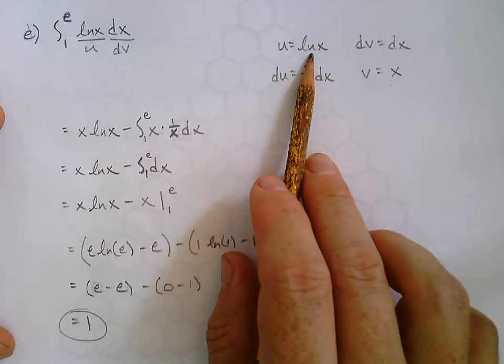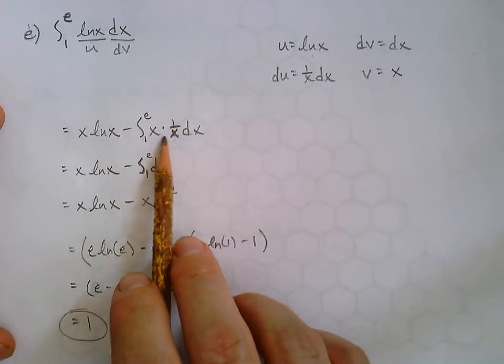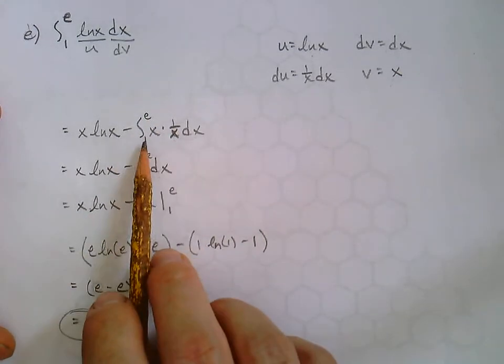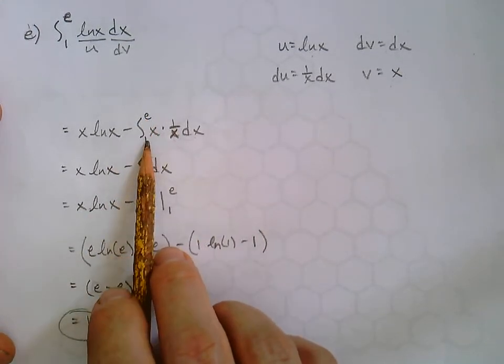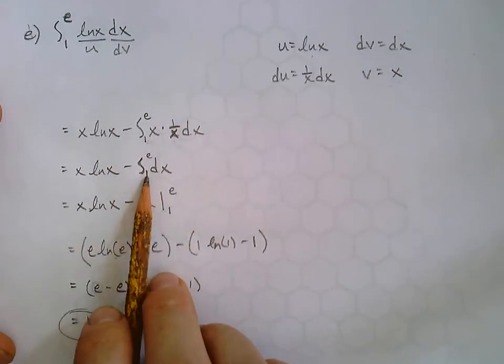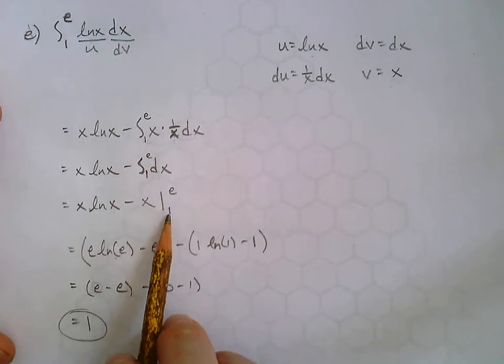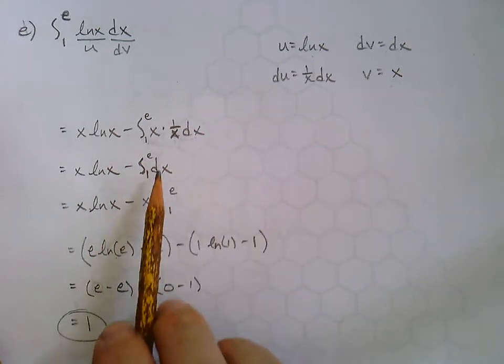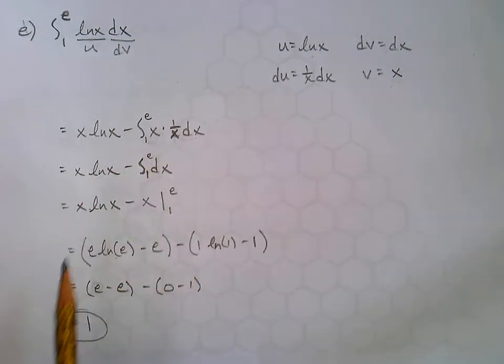Just your uv minus integral v du, and when they do that, the new integral, you repeat the limits there. So you think, well, wait a second though, these limits don't just apply to this. Eventually when we got it, we applied those limits of integration to the entire thing. But this seems to indicate otherwise.